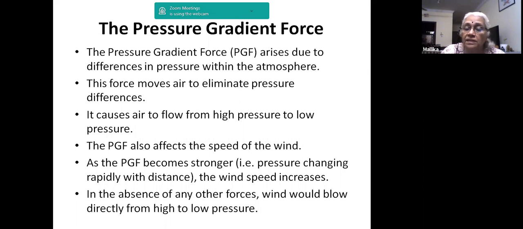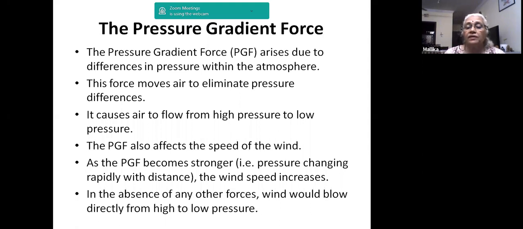Land and sea breezes happen in less than 24 hours, in a very short period of time, and therefore the wind just comes in straight, right? In India the season also affects the direction of the wind to some extent, but land and sea breezes come straight in and straight out because it is a localized condition and there are no other forces at play here.